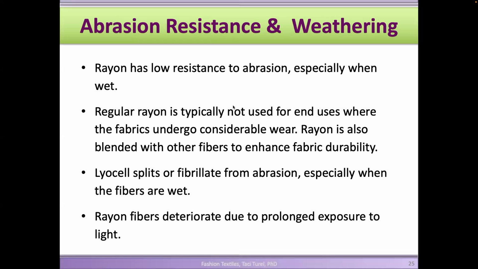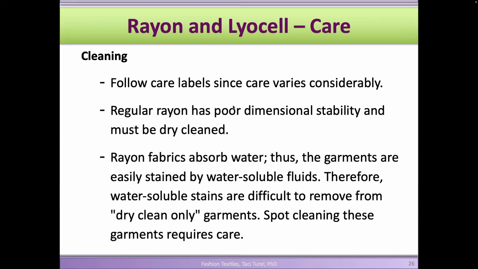Rayon has really bad abrasion resistance, especially when it's wet. If you go through a lot of wear, it's going to wear out really easily. Lyocell, especially if you're agitating it a lot or abrading it, will split and fibrillate. So that's a problem with lyocell. And they do deteriorate if they are exposed to sunlight a lot.